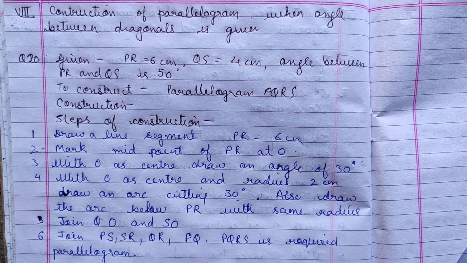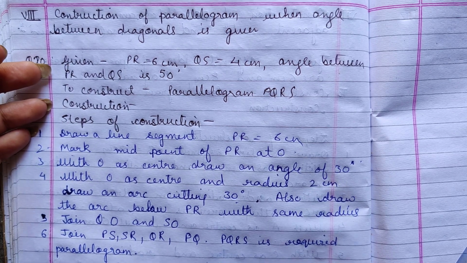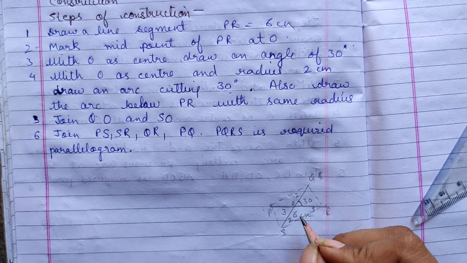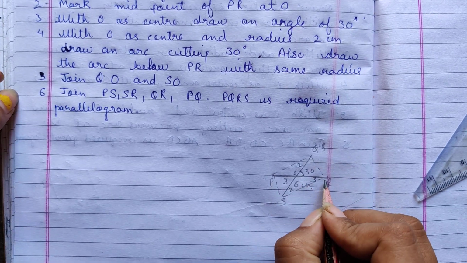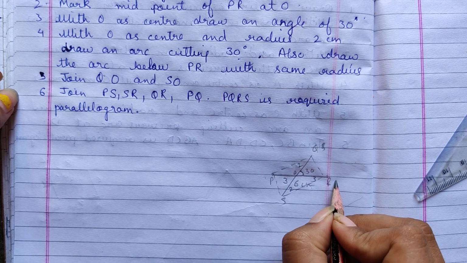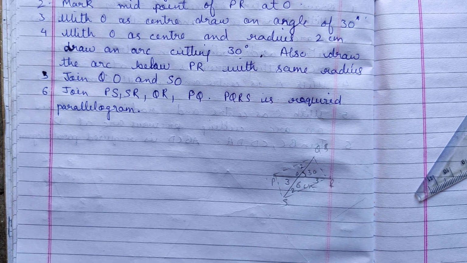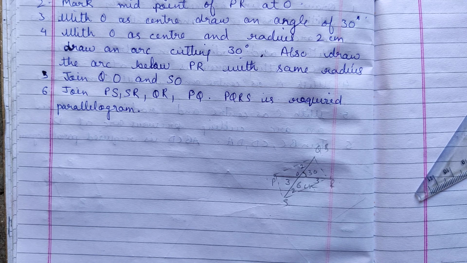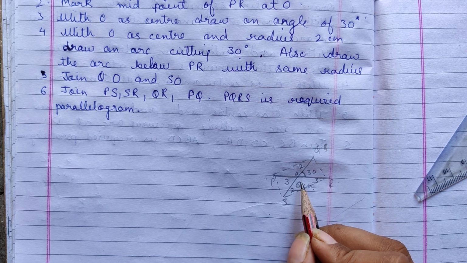Since there is no such rule for the parallelogram, they have already mentioned that the diagonals are bisecting each other at 30 degrees. The length of both diagonals is given. PR is 6 centimeter while QS is 4 centimeter, and both the diagonals are bisecting at point O. So this is the rough figure, and the angle between both the diagonals is 30 degrees.